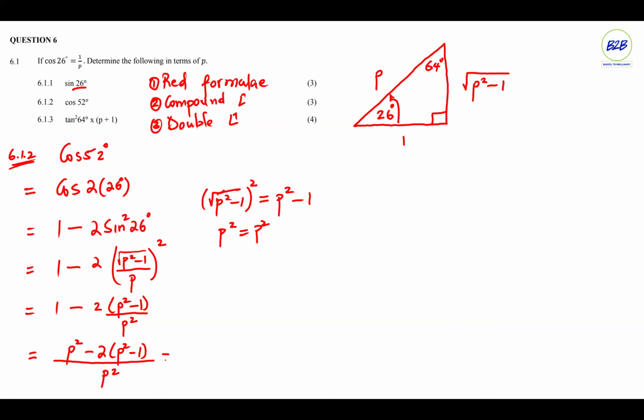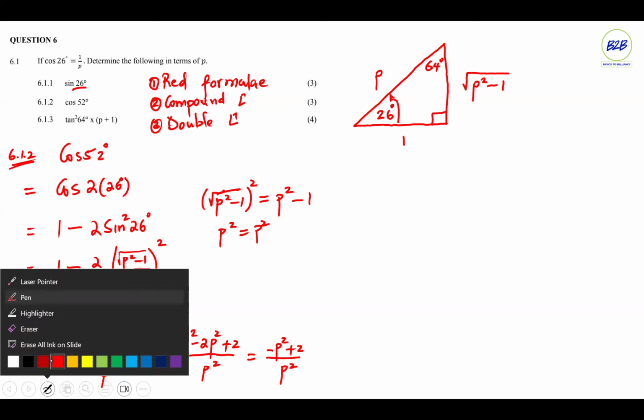And then you remove the brackets, you have p squared minus 2p squared plus 2 all over p squared. And then p squared minus 2p squared, that would be minus p squared plus 2, all over p squared. And that would be your final answer.